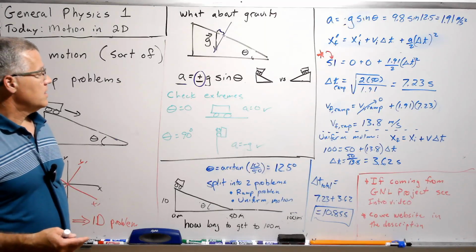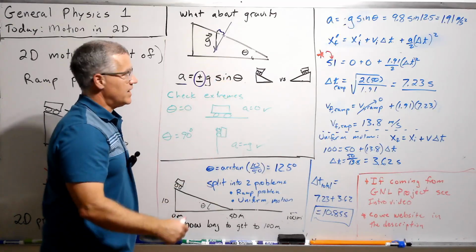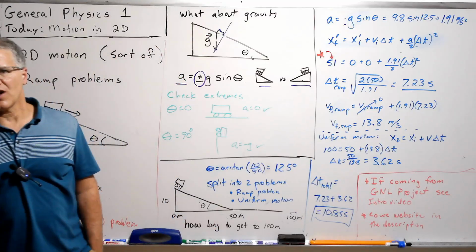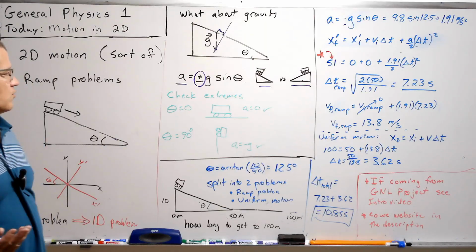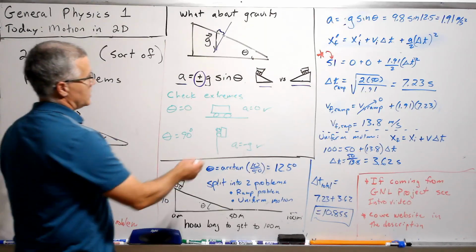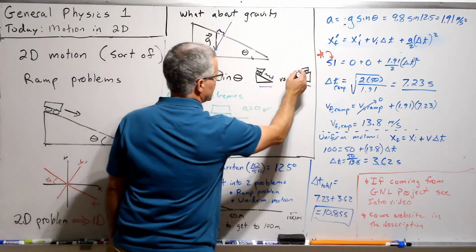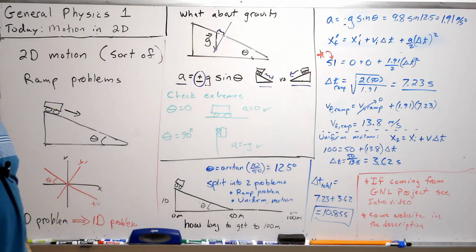Now, one of the complications is, did I draw my ramp this way or did I draw my ramp this way, right? I could easily have just drawn the ramp the other direction. Usually the problem doesn't tell you which way to draw the ramp. In this case, I'm progressing in what we would typically call the positive x prime direction, and in this way, I'm typically going in the negative x prime direction.